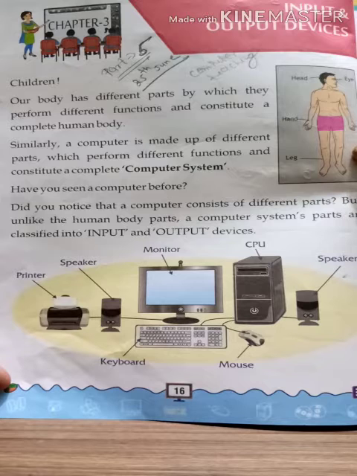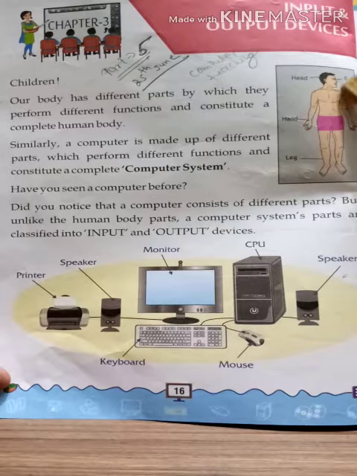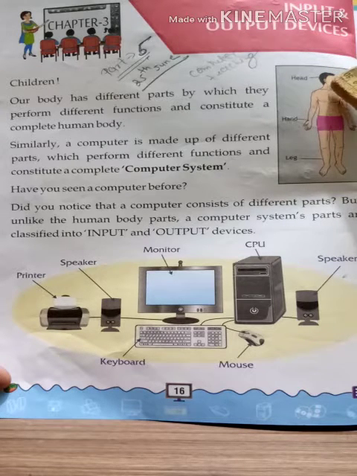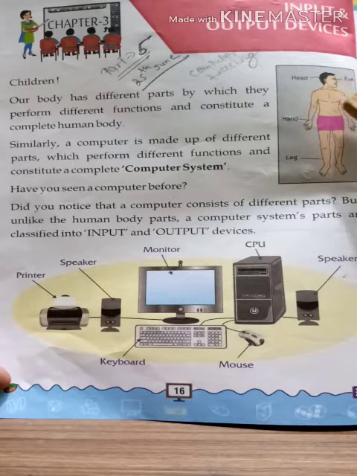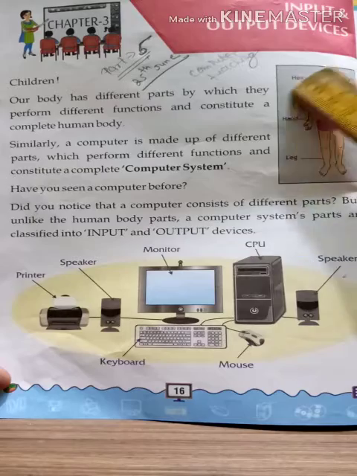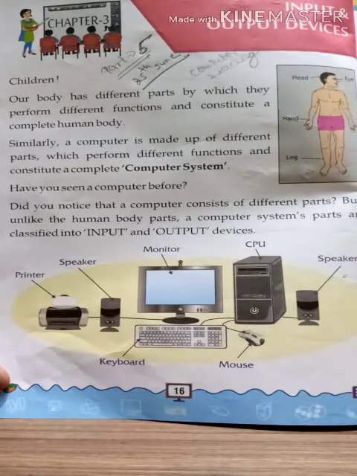So all humans have different parts in their body: eyes, head, nose, mouth, neck, hands, fingers, then legs, ankle, feet, shoulders. So many body parts are there, and collectively these body parts are called our human body.